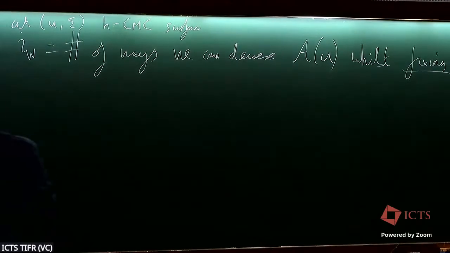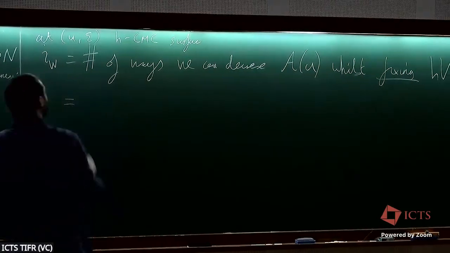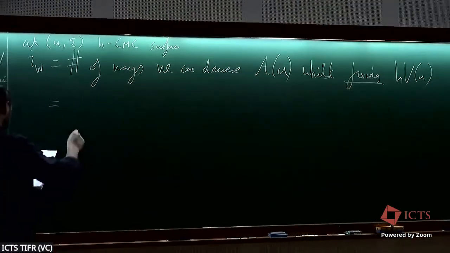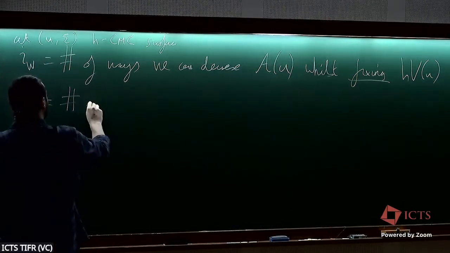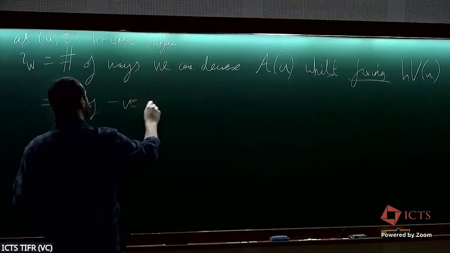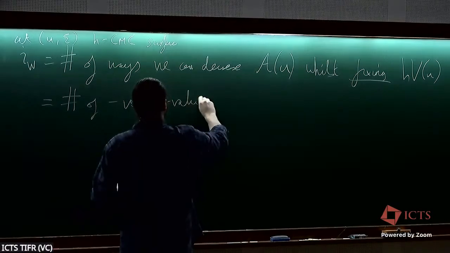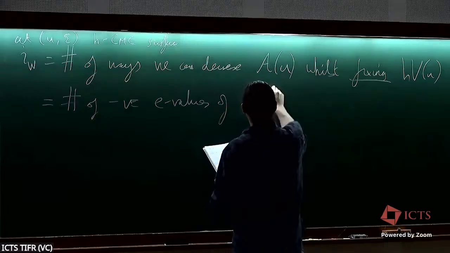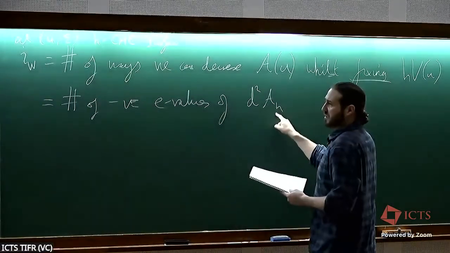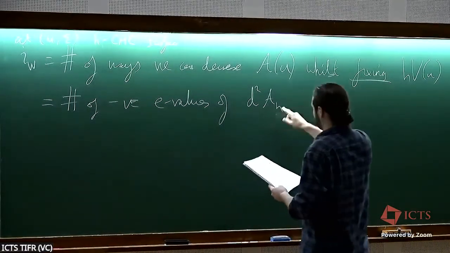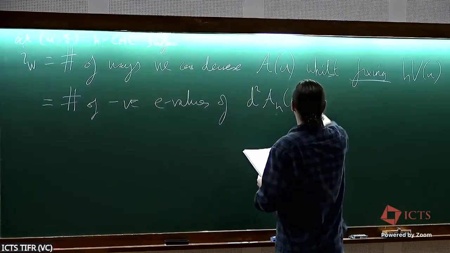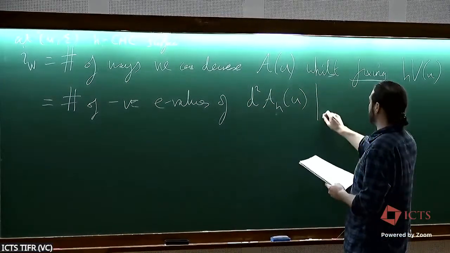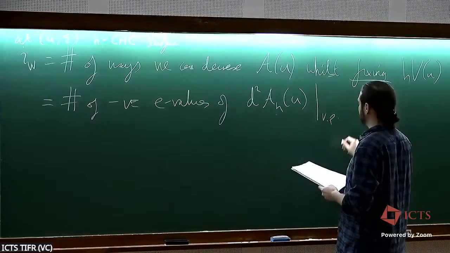Okay? The analytic definition of that is the number of negative eigenvalues of the Hessian of our functional AH, so this is area plus h times volume, restricted to infinitesimally volume preserving deformations.